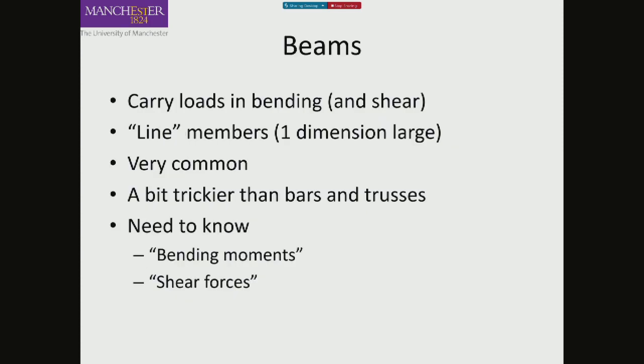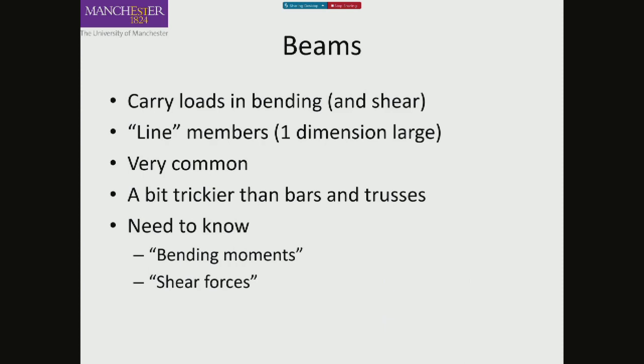So, what are beams? Beams normally carry loads in bending. One of the ways they carry load is by bending, which is very different from the pull and push type of forces that trusses use.